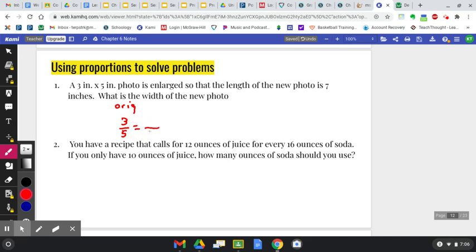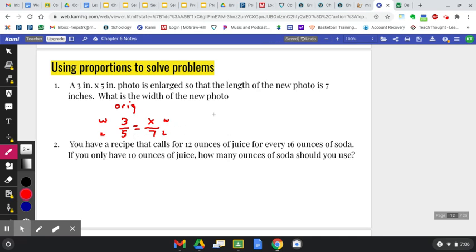Not get distorted. So I know that this is 7 and this is X. I don't know what that is. That's what I'm looking for. So that's one way to set it up. So what I did was I went width, length, and then here width of the new one, length of the new one. So I just have to be consistent with my setup, right?